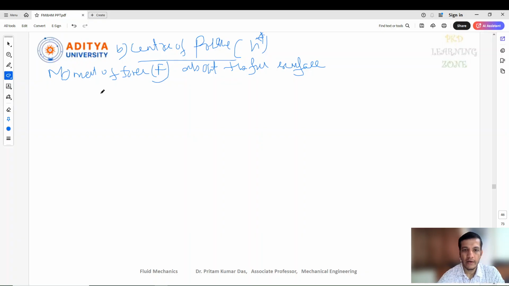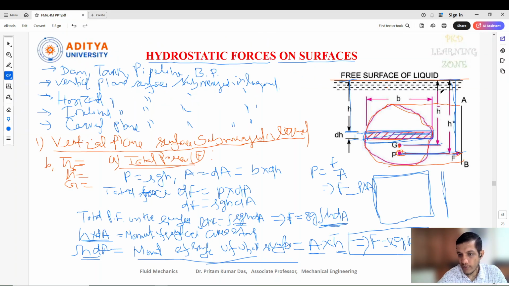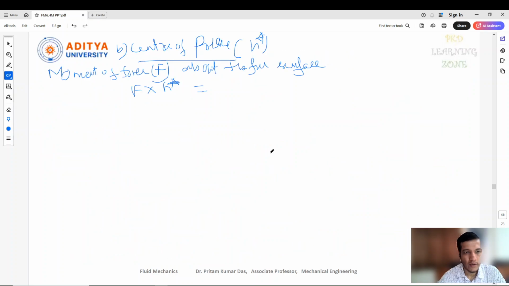So moment we can write a moment of force, or to calculate the moment we know that force into the distance, okay, or the height, how much is there. So that one we can write F into H star. Okay, F into H star, because this is the formula of moment. So what is the moment of this point? Okay, so how much force is applying here, and what is the distance covered from the free surface to this point? So that is nothing but F into H star.